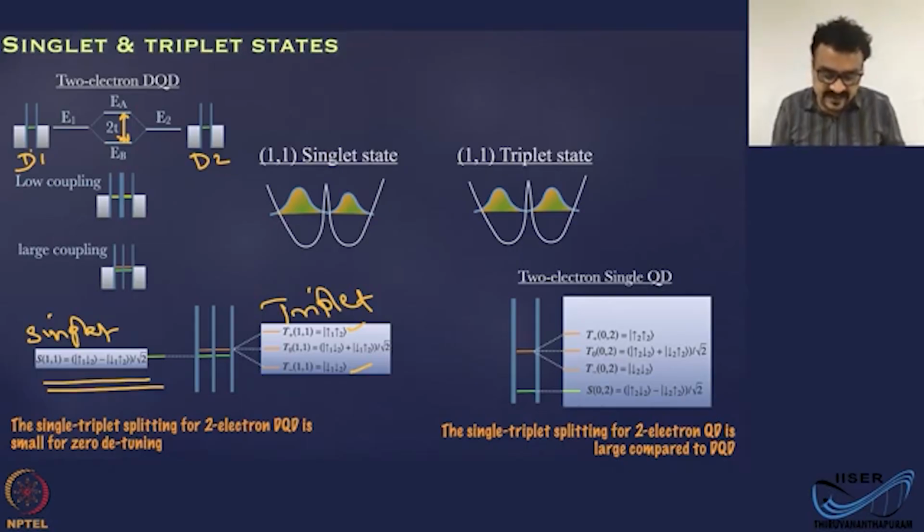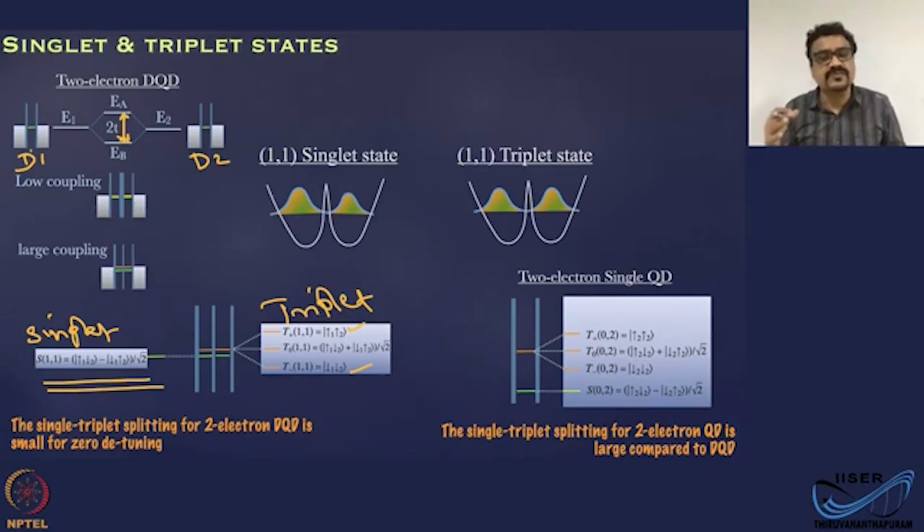And this splitting between the singlet and triplet states is not really high for a double quantum dot system, for a 1-1 state, because they are still in the same orbital. The splitting is decided by the tunnel coupling, and tunnel coupling in these systems is not really large. It is a few tens of microelectron volts at the maximum.